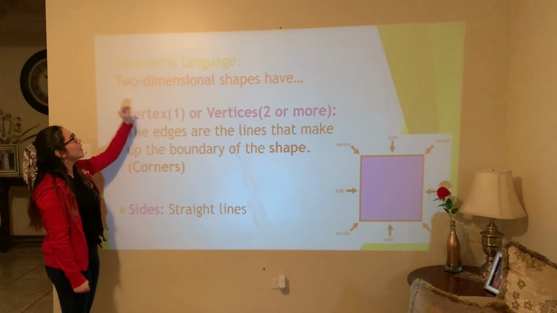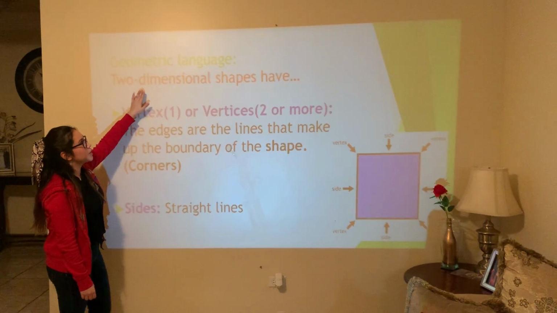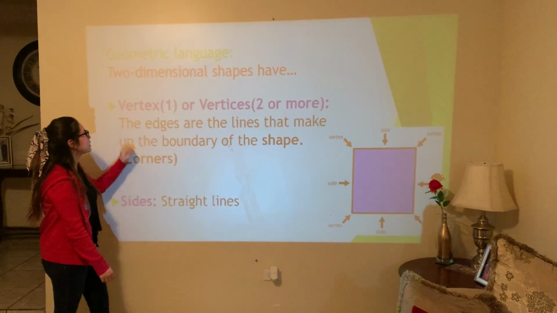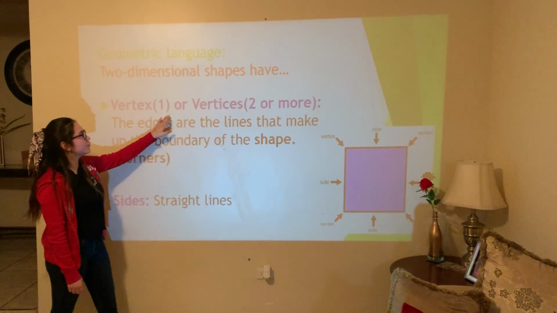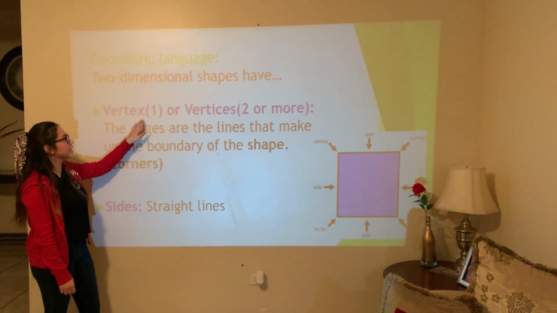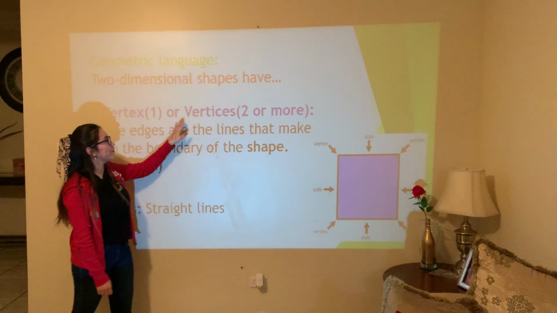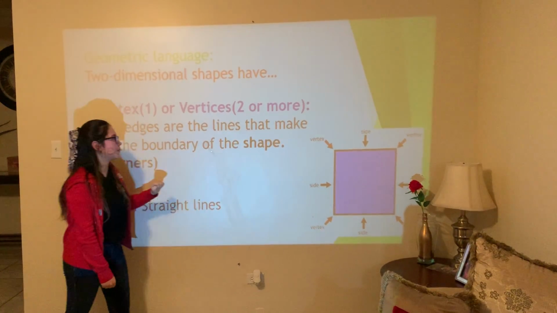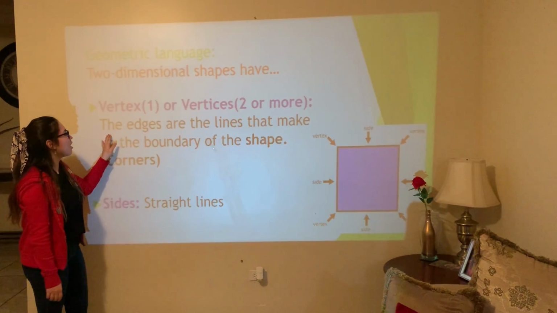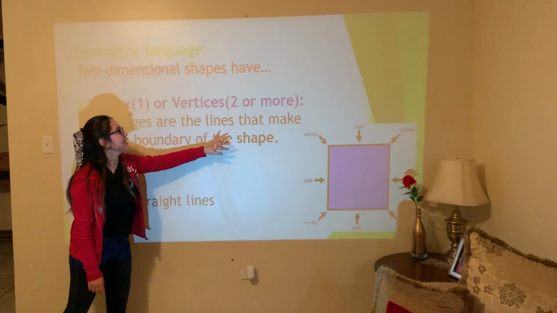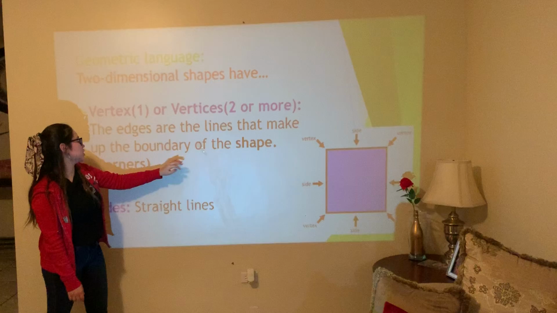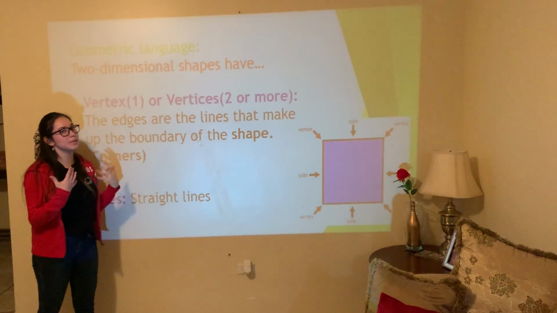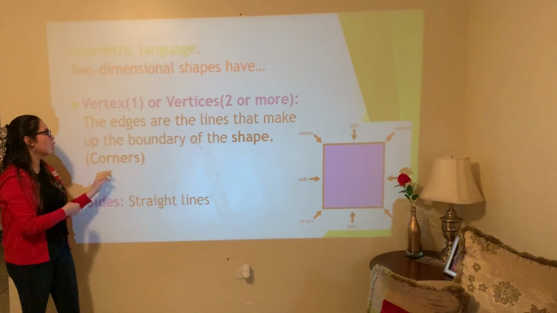So this is the geometric language. Two-dimensional shapes have vertex or vertices. You say vertex when it's one, or vertices when there are 2 or more. Vertices are the edges and lines that make up the boundary of the shape. In simpler words, they are called corners.